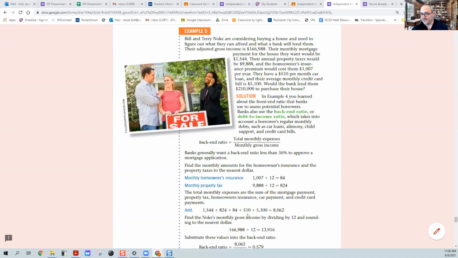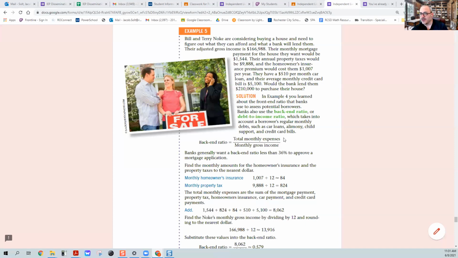And to that, we're going to add $510 that's due from their car loan. And then $5,100, that's all their other expenses. That's probably them paying their auto insurance on their credit card and all that kind of stuff. So we add all these numbers up, mortgage plus taxes, plus monthly home insurance, plus monthly car loan, plus monthly credit card expenses, comes to $8,062. All right, now we have the top.